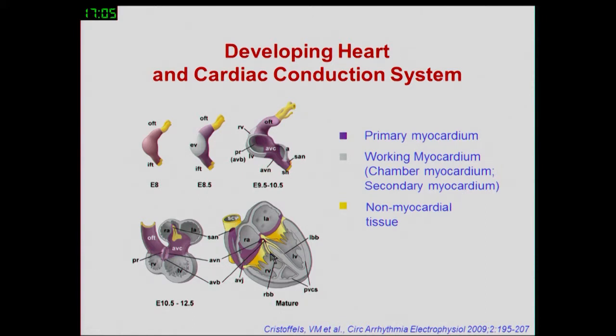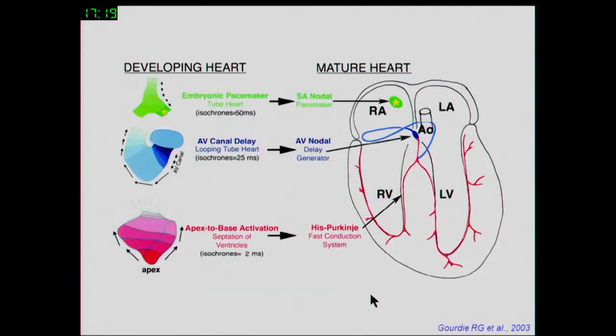In the formed heart, the SA node and AV node are derived from the remnant of primary myocardium, whereas the ventricular bundle branches are derived from the working myocardium. Contraction in the developing heart always starts from the end of the inflow tract, which is reflected by the location of the SA node at the sinoatrial junction in the formed heart.